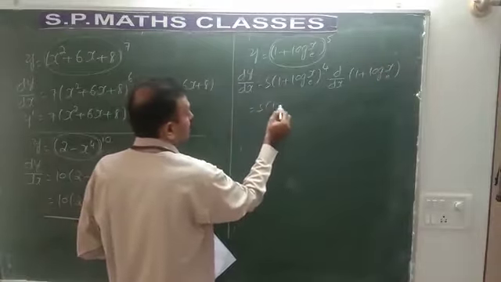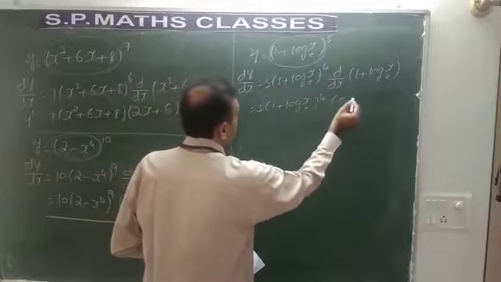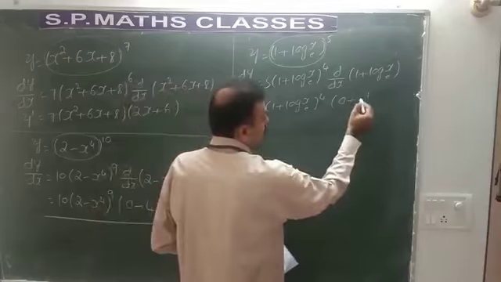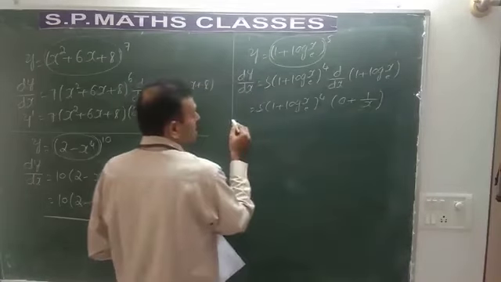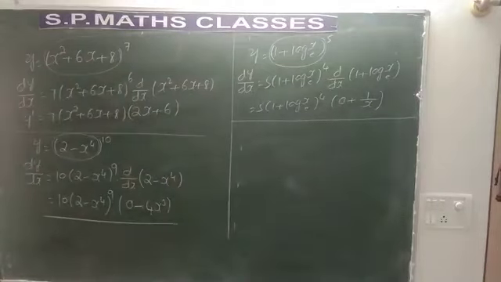Derivative of 1 is 0, derivative of log x to base e is 1 by x. So the answer is 5 into 1 plus log x to base e power 4 into 1 by x.